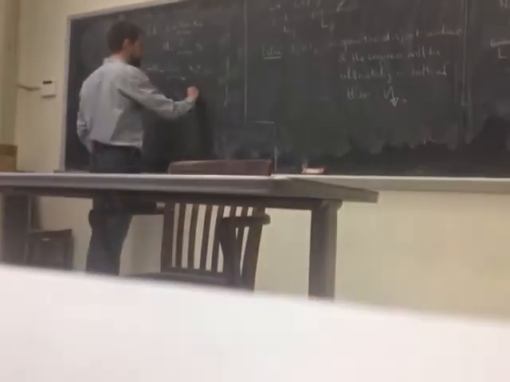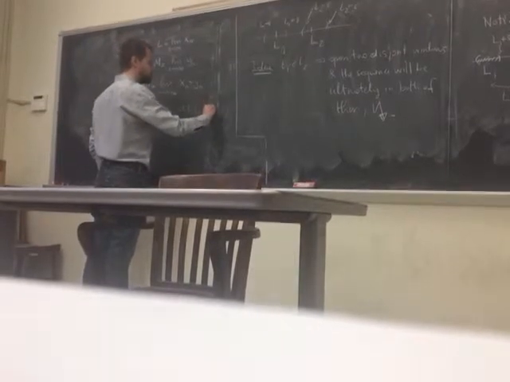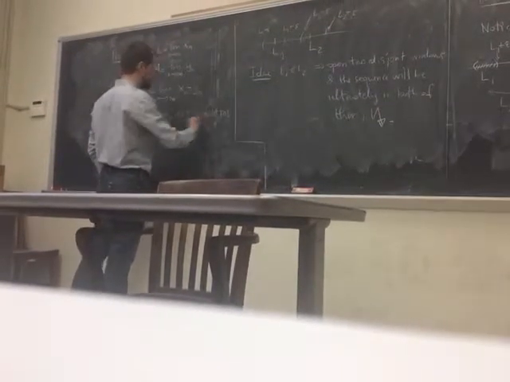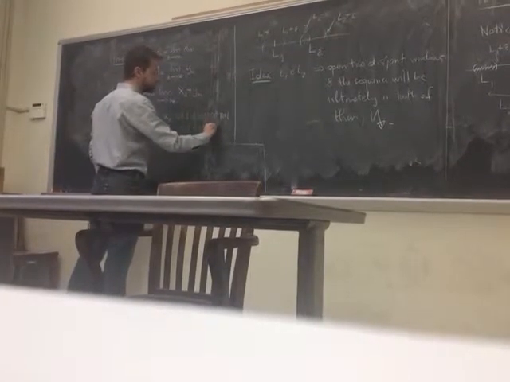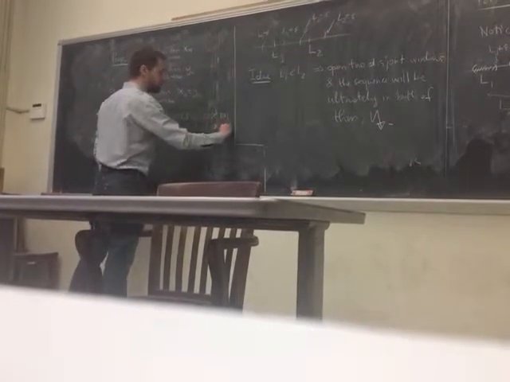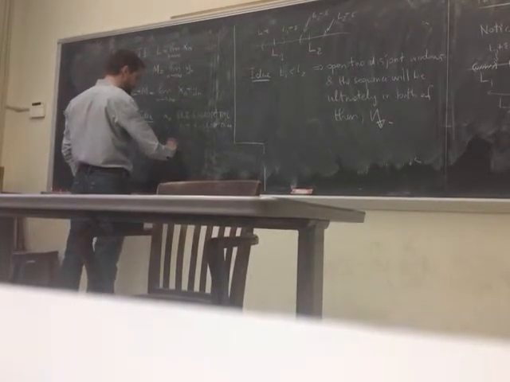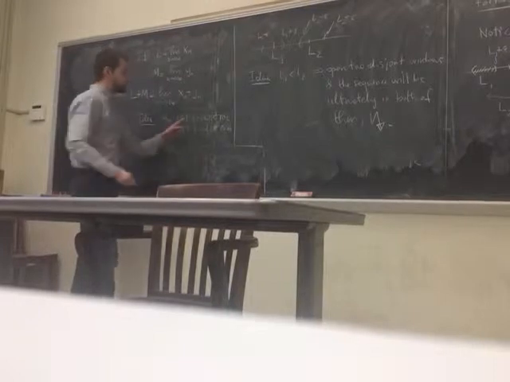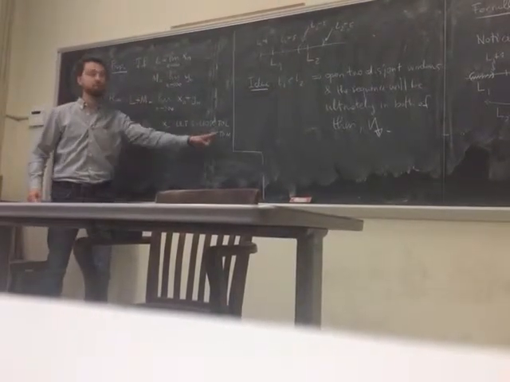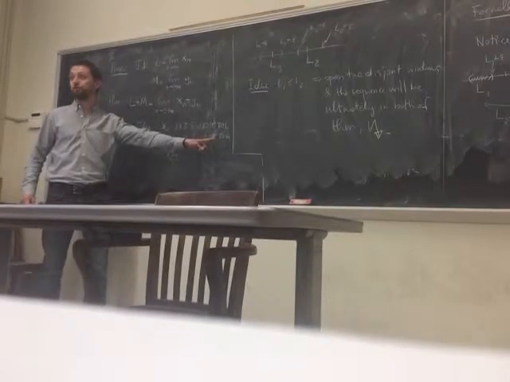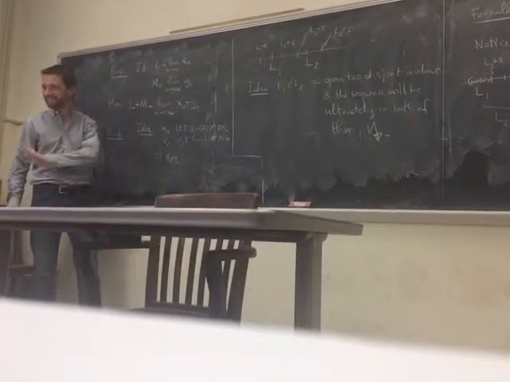xn ultimately epsilon close to L, yn ultimately epsilon close to M implies that the sum... So I'm telling you that with an error epsilon, the first number is L, and with an error epsilon, the second number is M. So I expect that with an error of 2 epsilon, their sum is L plus M. That's all that is here.